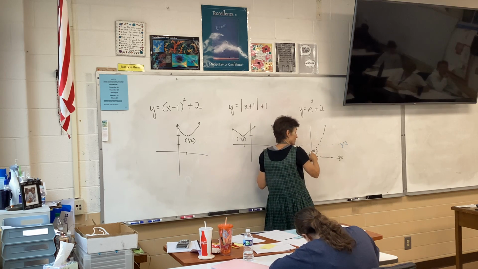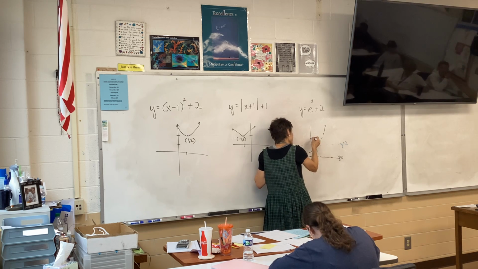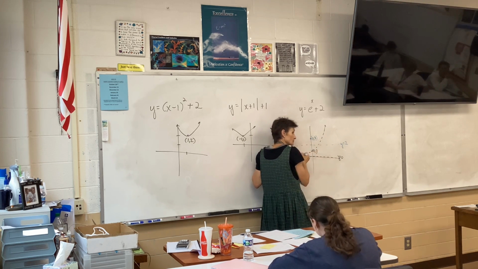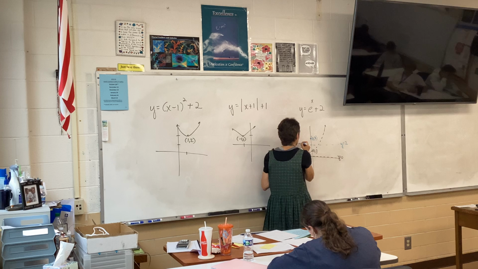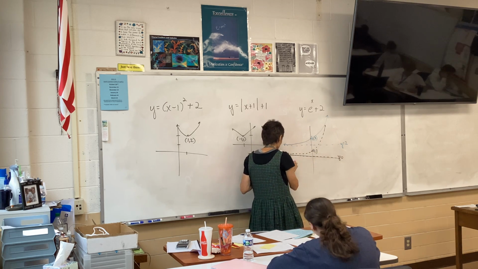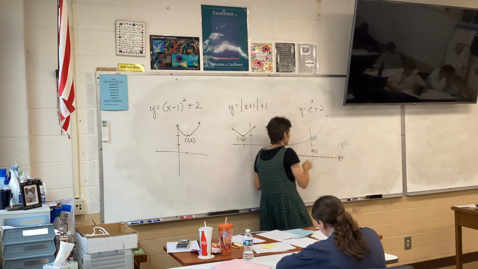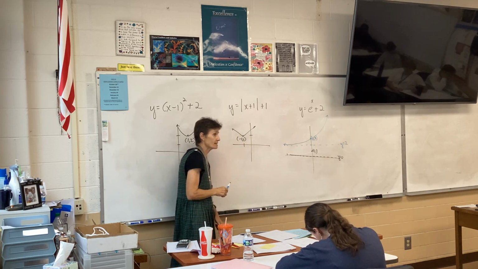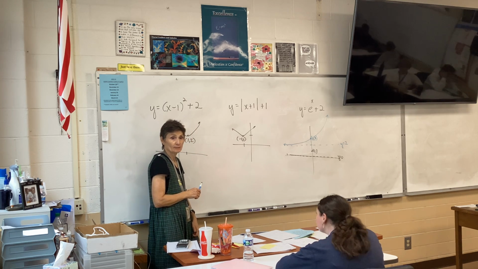This point also got picked up. So now it's at 3, right? Because we went up 2. So there it is. I'll get my dashed one out of there so it's not confusing. Can you see how it's exactly the same shape? Now it's up 2.